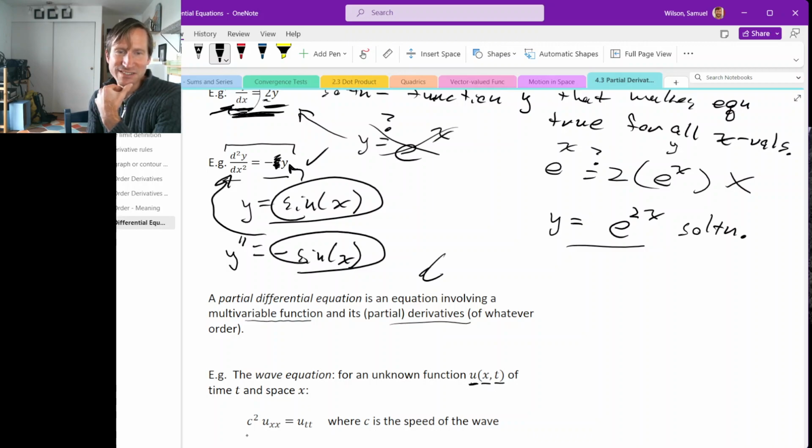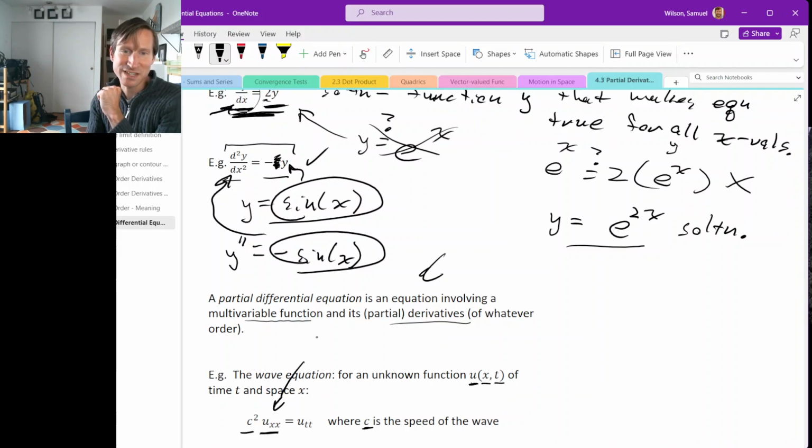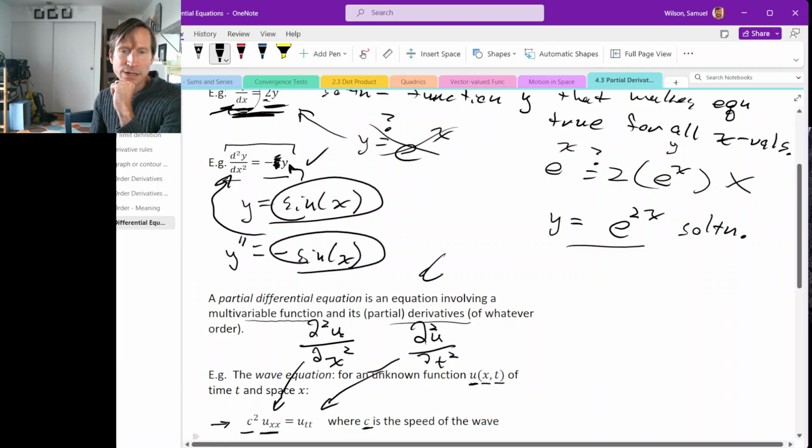And the wave equation is, there's some constant c, which turns out to describe the speed of the wave, and the wave equation is c squared times u_xx, and remember what this notation means, the second partial derivative of u with respect to x, is equal to u_tt, and remember u_tt means partial squared u partial t squared. Okay, so this differential equation is called the wave equation.